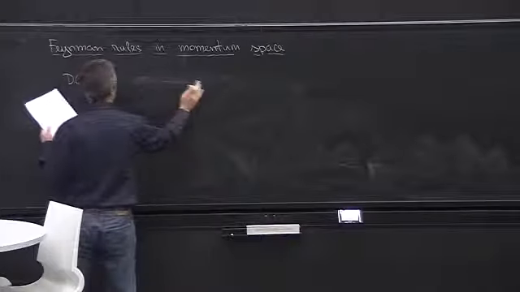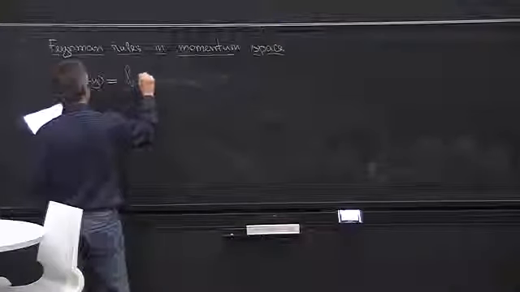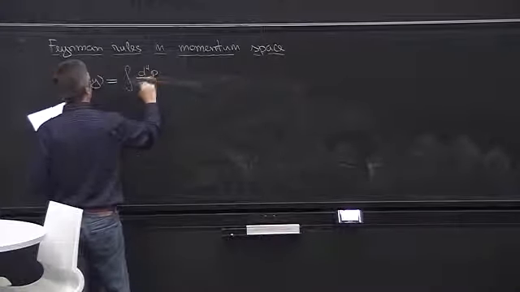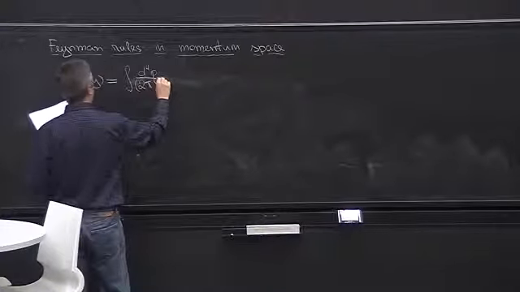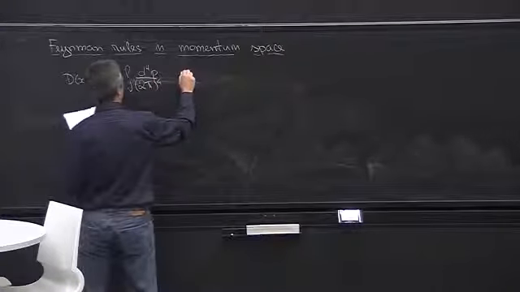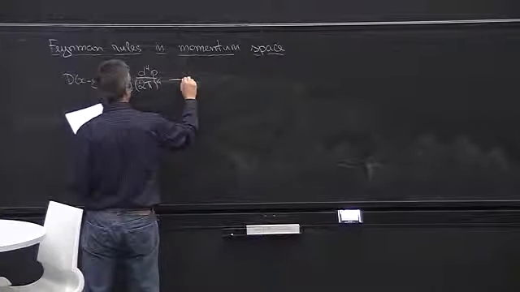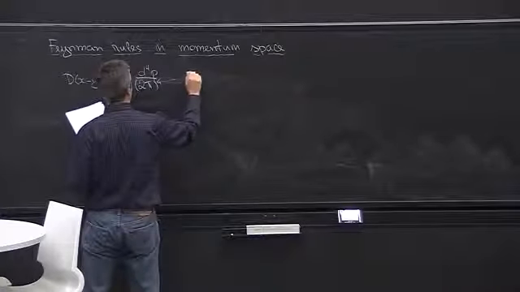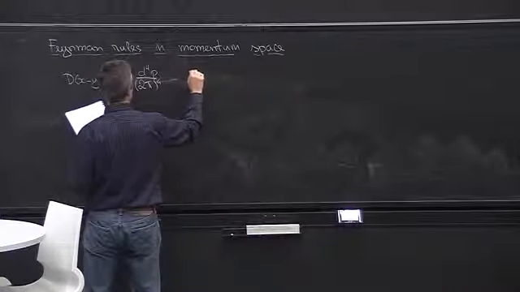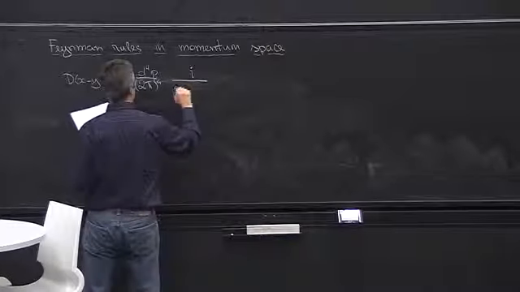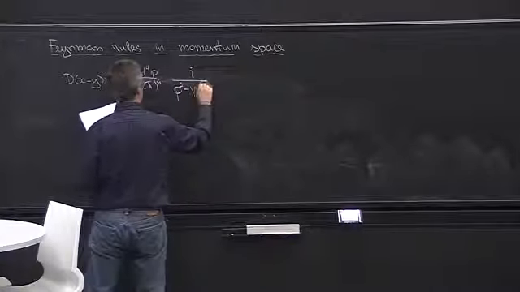So first of all, this is, of course, the integral. Let me write it this way. So it's I over p squared minus m squared.